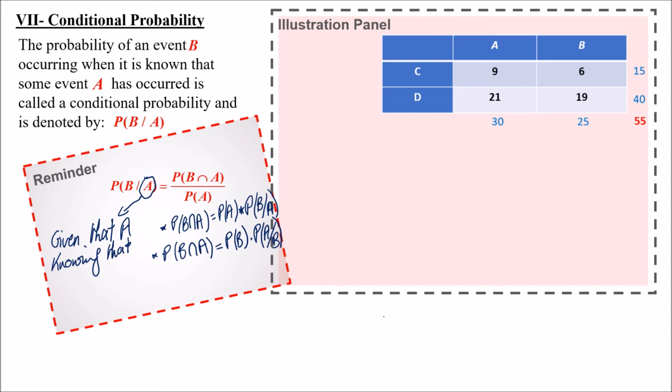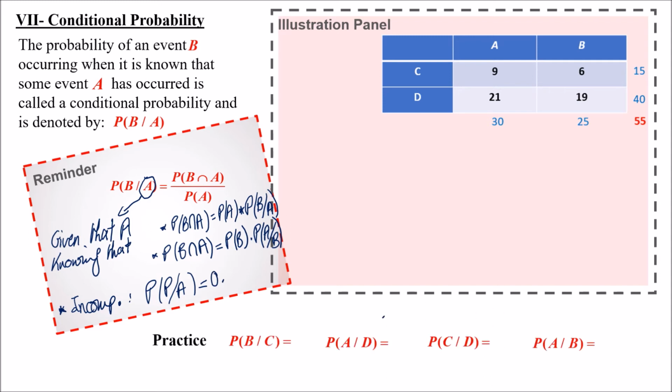So here, if incompatible, then P of B slash A will be equal to 0, since P of B intersection A will be equal to 0. Now let's explain this. P of B slash C.